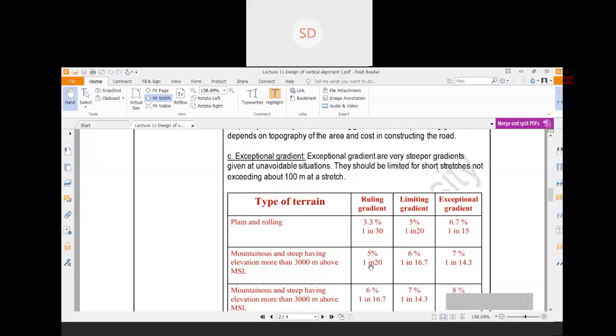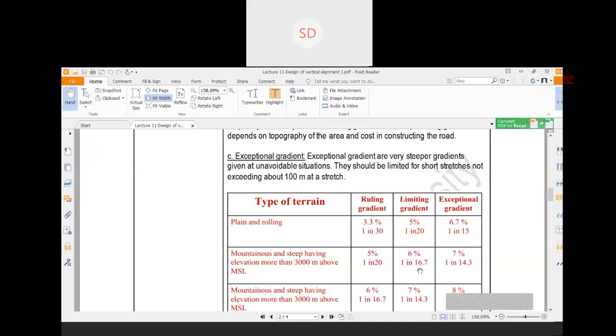Now see the difference. Here it is 1 in 20, and here it is 1 in 16.7. So the difference is, here you can go up 1 meter within a 20-meter horizontal section, but here you can go up an elevation of 1 meter within 16.7 meters of horizontal distance. So for the limiting gradient, the horizontal distance covered is lesser, so that gradient is steeper than the ruling gradient.